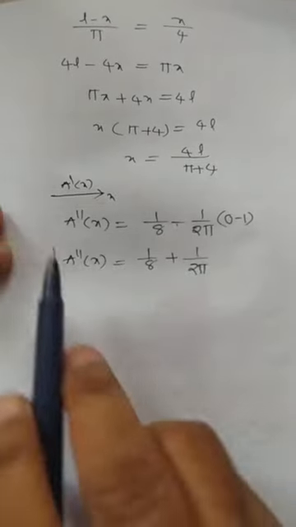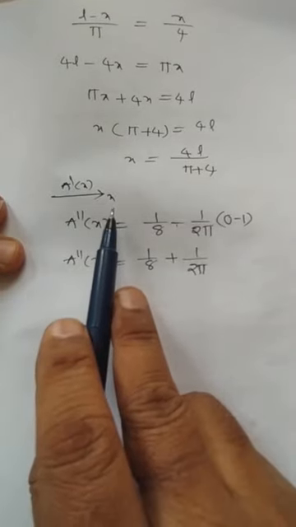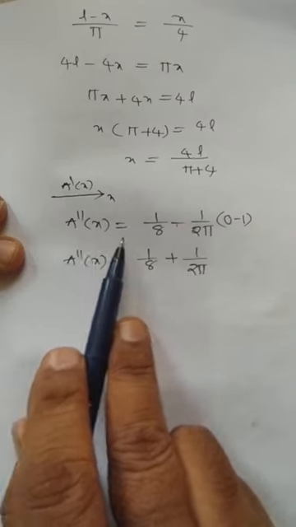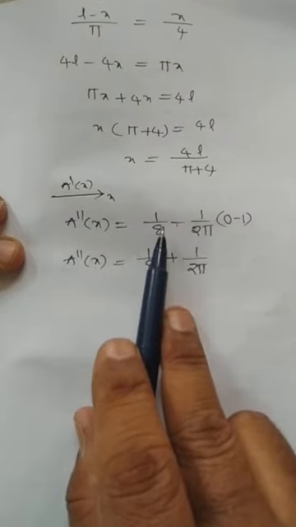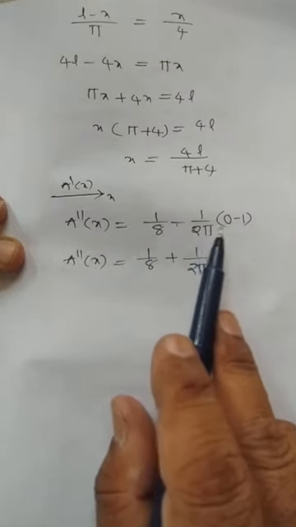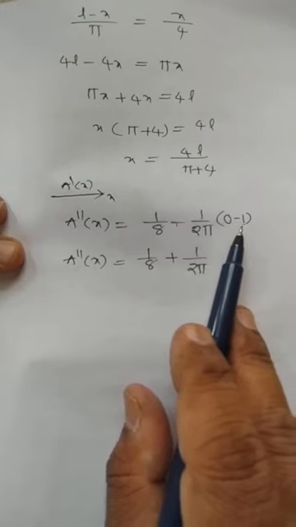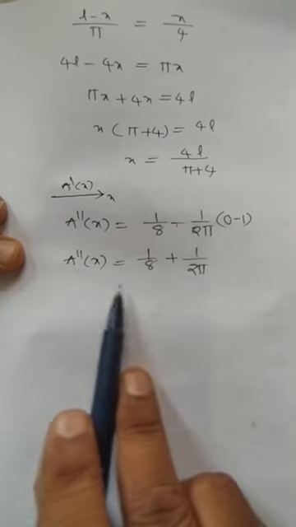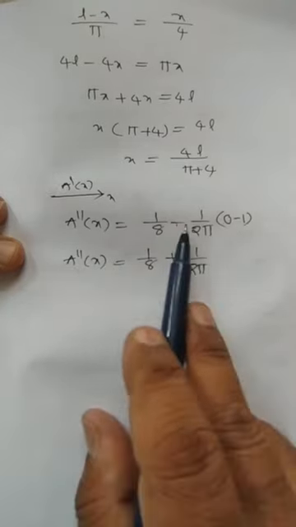Now I am going to find the second derivative of the function. For it to be least, it must be greater than 0. Now differentiating A dash of x with respect to x, I would get A double dash of x equal to 1 by 8 minus 1 by 2 pi into (0 minus 1). So now A double dash of x is equal to 1 by 8 plus 1 by 2 pi.